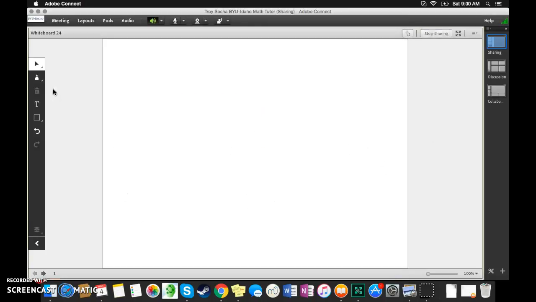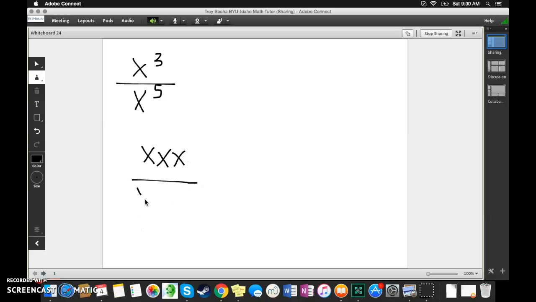So say we had x to the third over x to the 5. Now, if you remember, when we had x to the 5 over x to the third, it equaled x to the 2. But what happens here? Let's see. 1, 2, 3. So 3 x's on top, 5 x's on bottom.